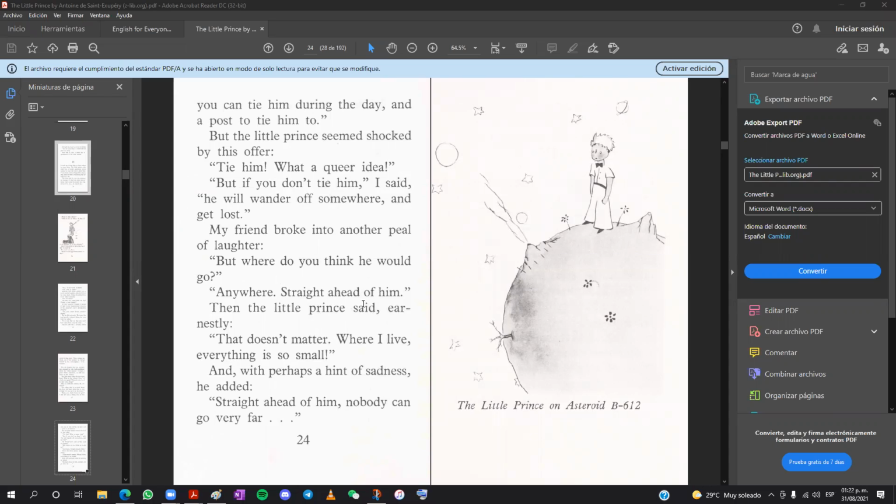Anywhere straight ahead of him. Then the little prince said earnestly, that doesn't matter. Where I live, everything is so small. And with perhaps a hint of sadness, he added, straight ahead from him, nobody can go far.